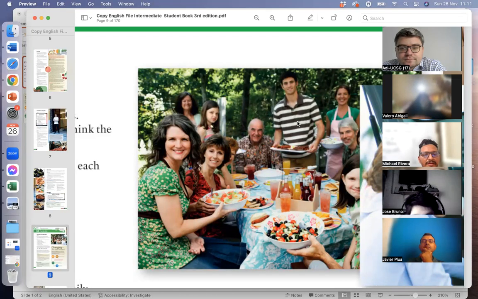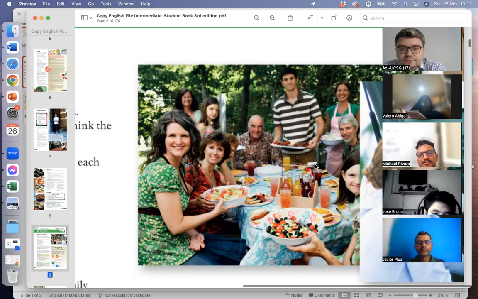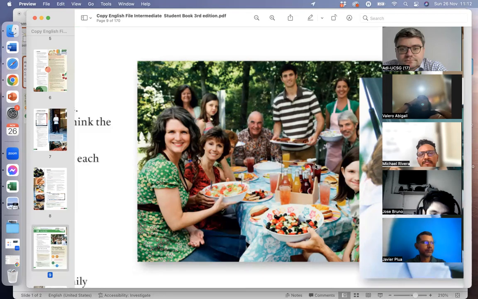It's a family lunch with parents and the grandfather. Smiling, yes. It is very nice, the family.